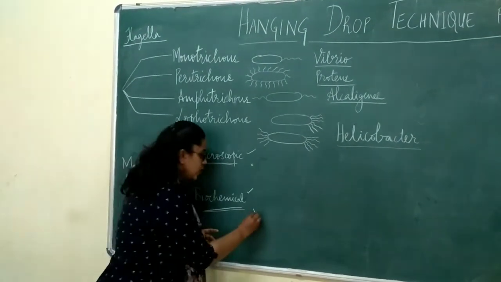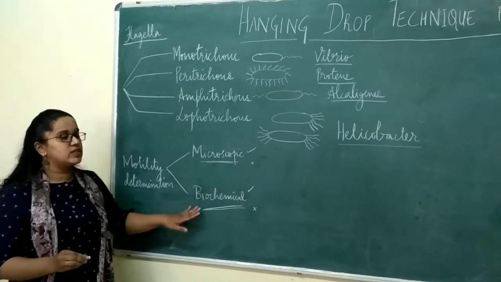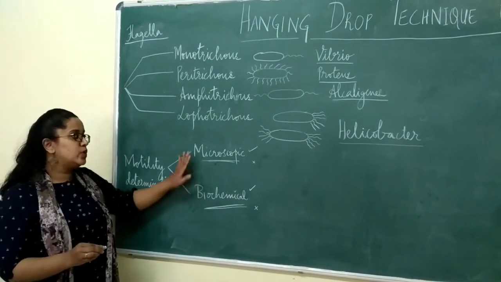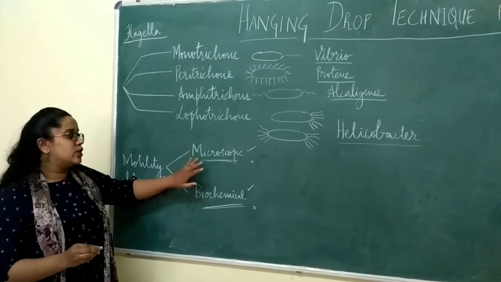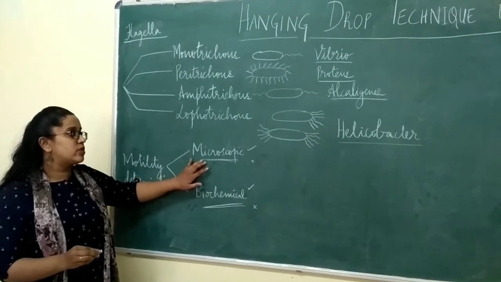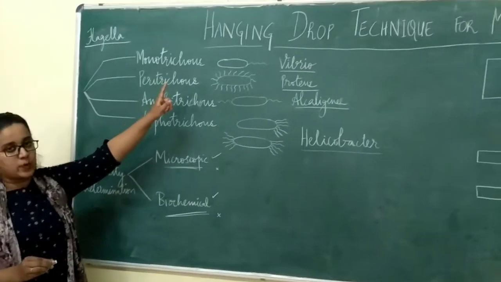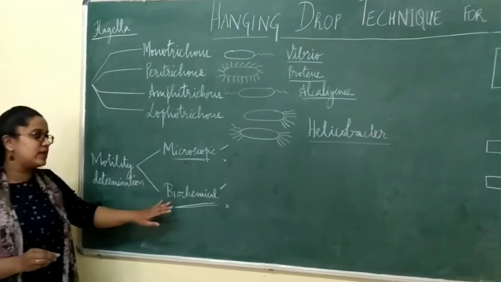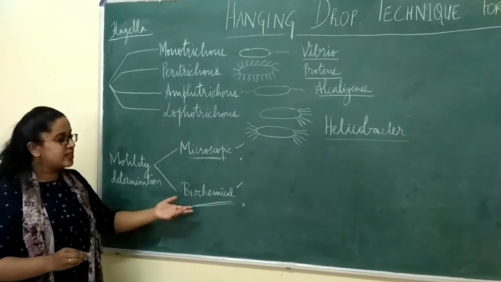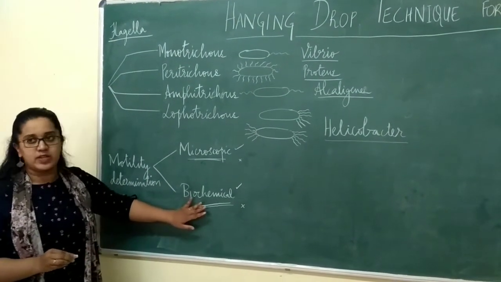However, you will be learning both types. In this semester, you will learn the microscopic technique, which is the hanging drop technique, and in the coming semester, you will learn motility determination by biochemical methods.